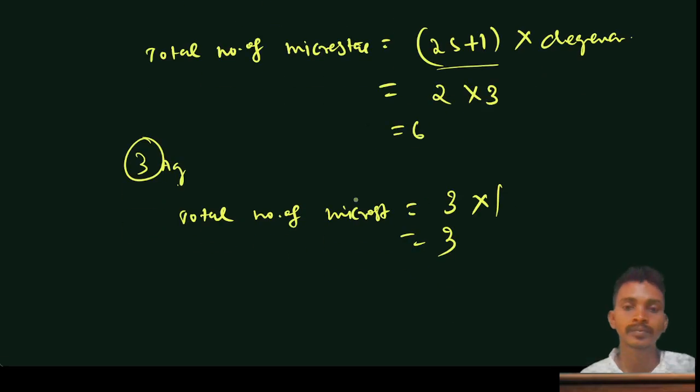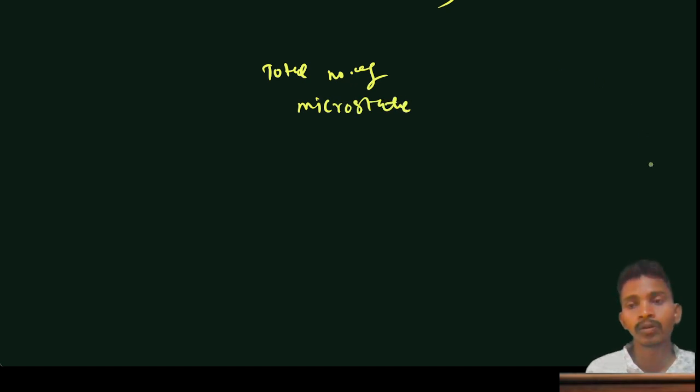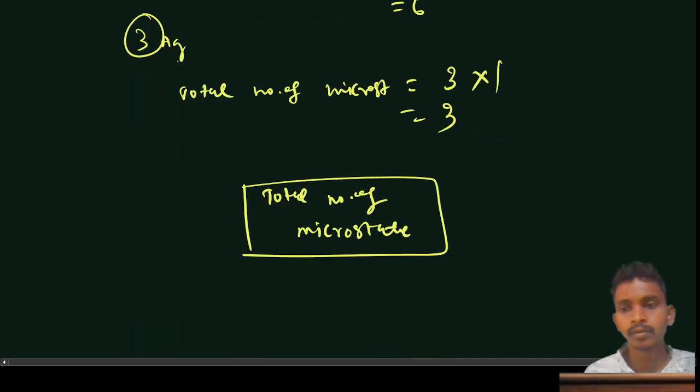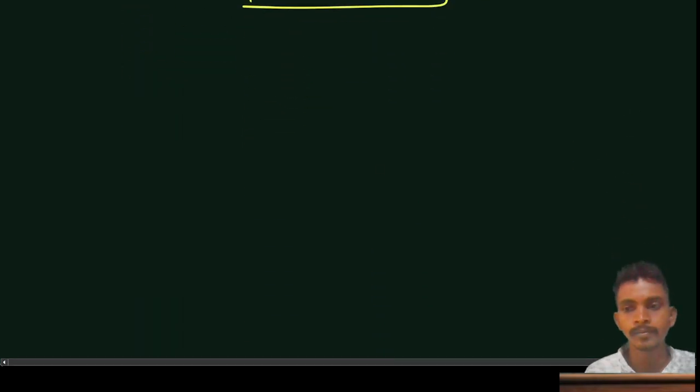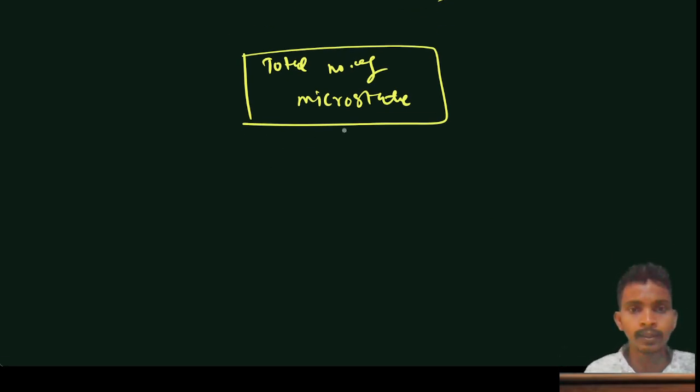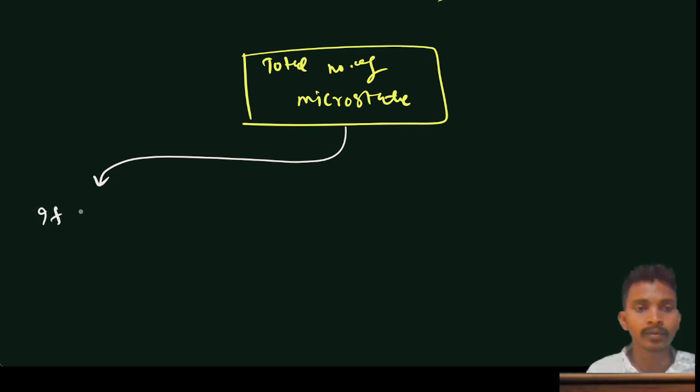Okay, so if we want to calculate the total number of microstates, the first case is if orbital electrons are given.